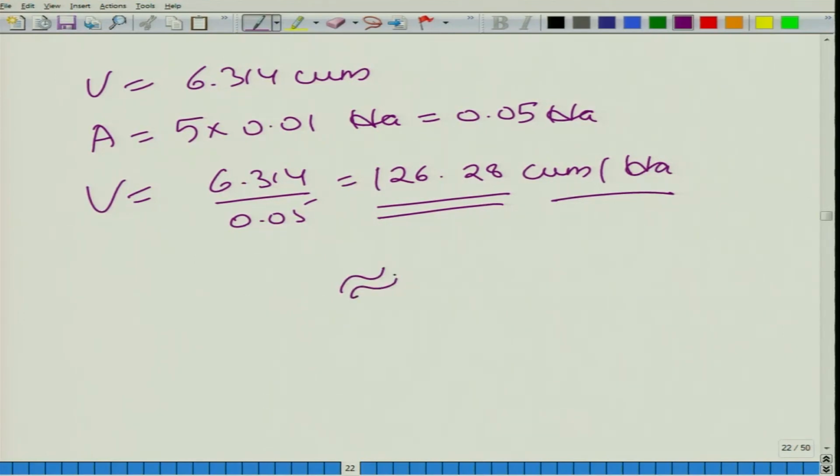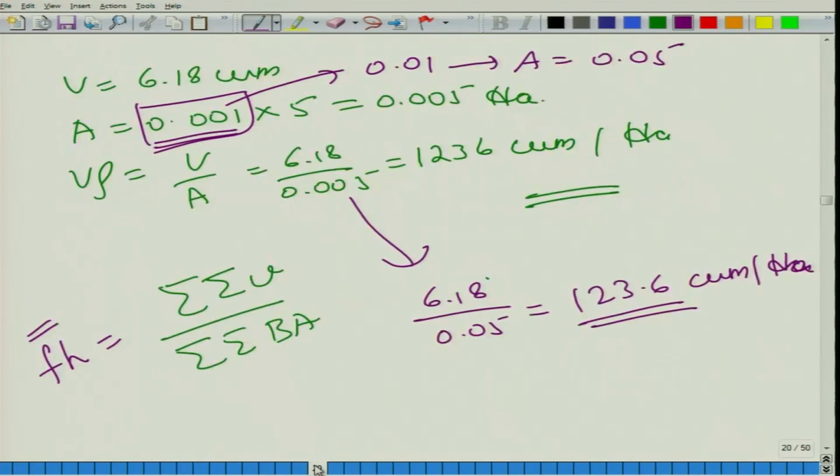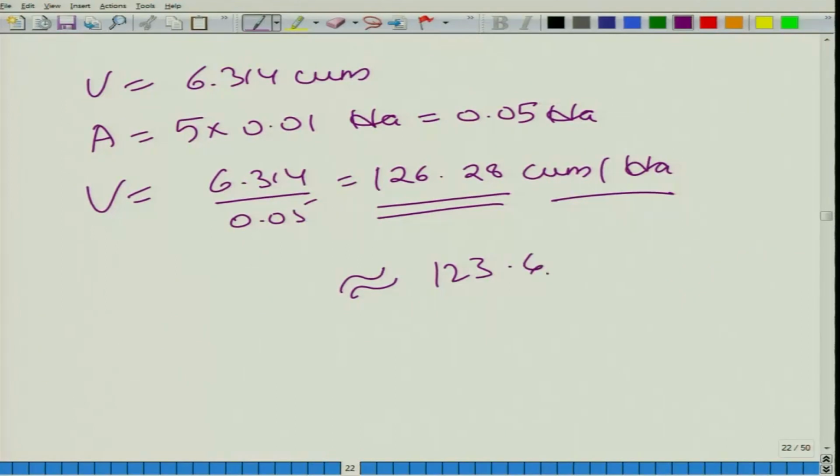This is very close to the value we got before of 123.6. Remember that all of these equations will give you slightly different values, because all of these are based on different concepts. In the case of a regression equation, that is the most perfect fit that you can get from all of these data.